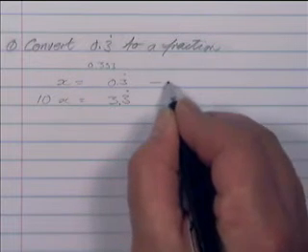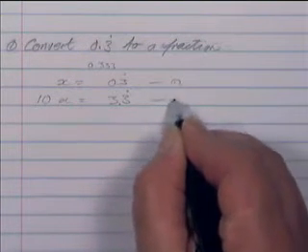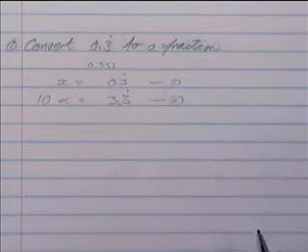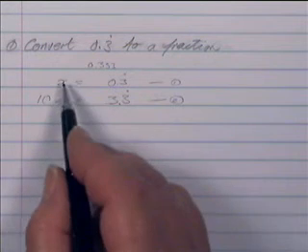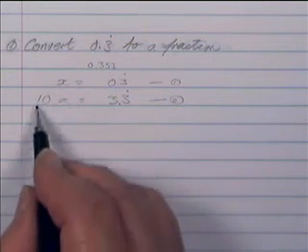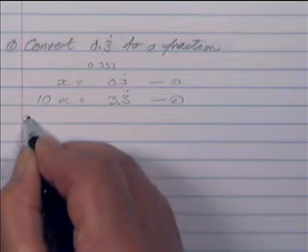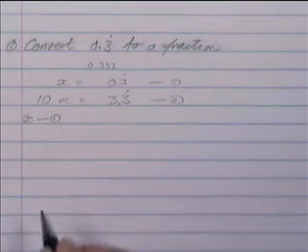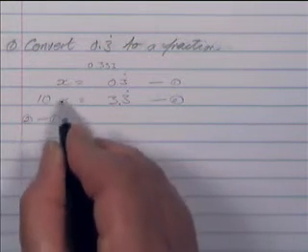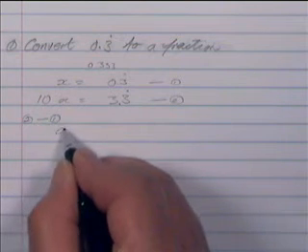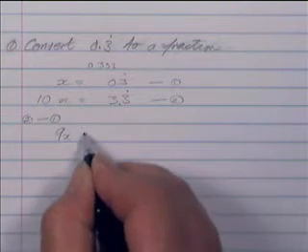Now I'm going to call that equation 1, call that equation 2, and I'm going to subtract equation 1 from equation 2. So let's write that here. Equation 2, subtract equation 1. So 10x minus x, that gives me 9x.